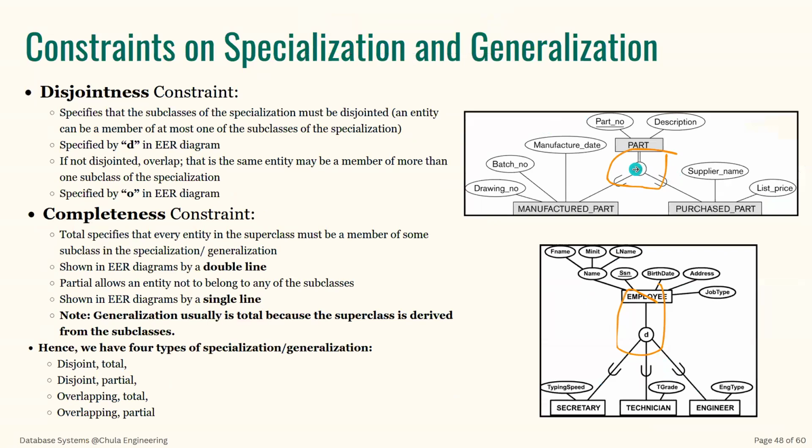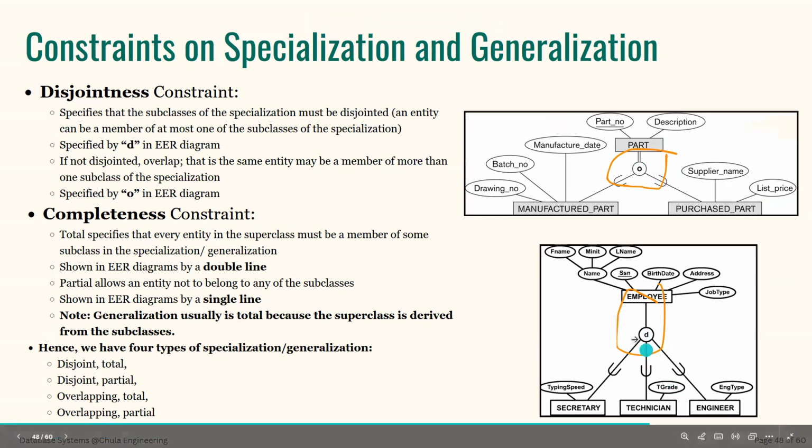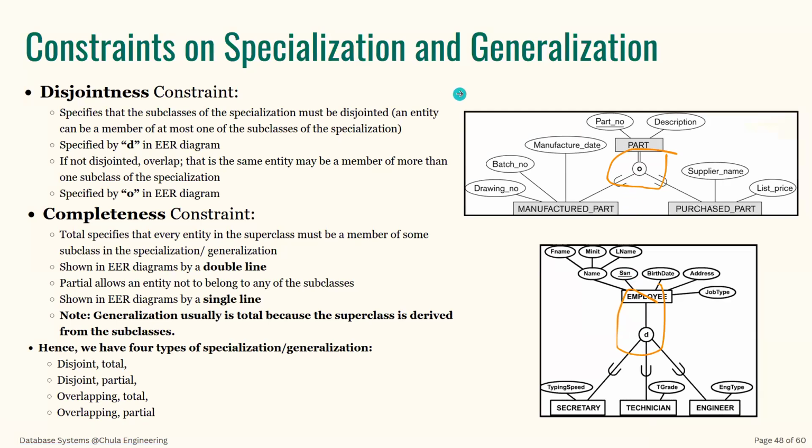Now I'm talking about the next thing that I mentioned a little bit earlier, which is the D and the O here. You haven't seen the O before, but now I'm going to tell you about this. There will be a D or an O, which are constraints on the specialization and generalization. The D is called the disjointness constraint, if it is specified by the D, or otherwise it would be an O. All right, so the disjointness is this.